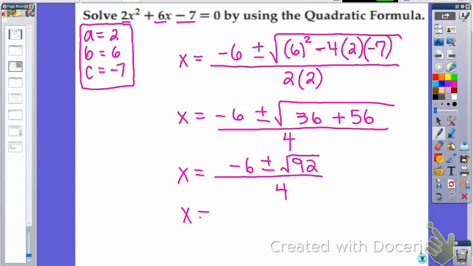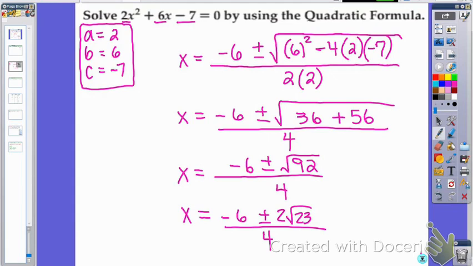Alright, the square root of 92, if you go off to the side and simplify that, that's going to be 4 times 23. So that's going to be 2 root 23, if you simplify that.